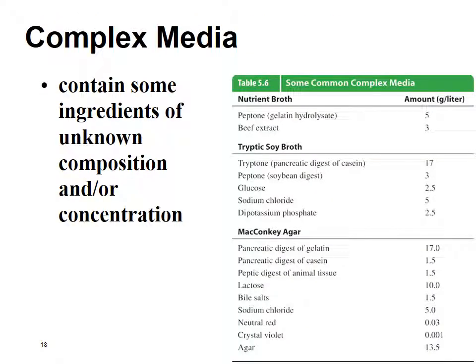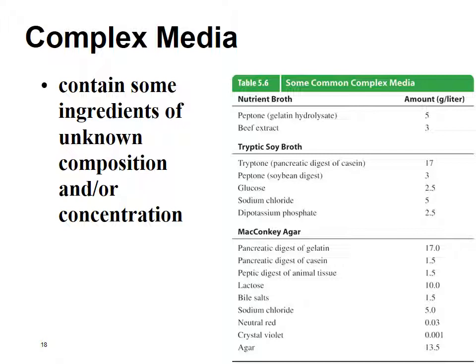Complex media contains some ingredients of unknown composition and or concentration. Complex media is particularly useful and very widely used because a single complex medium may be sufficient to completely meet the nutritional requirements of many different species of microorganisms.